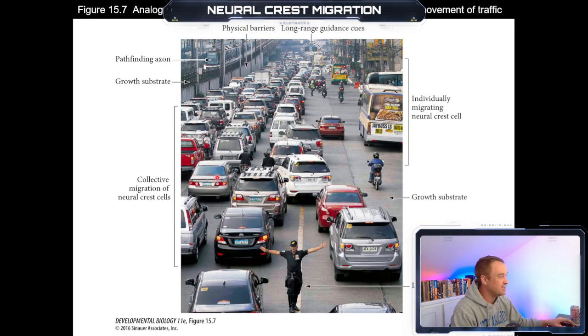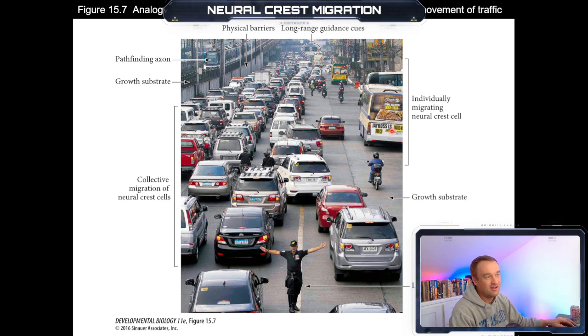They tried to give you an analogy of neural crest and the migration here, where we have these pathfinding cells that go out ahead of time, and the traffic here, all the cars, are the migrating neural cells. The pavement is the substrate that they're migrating across.